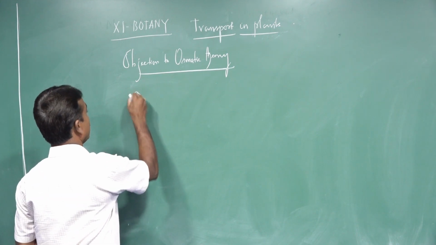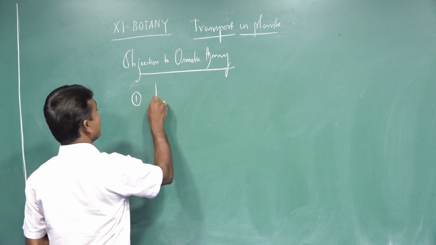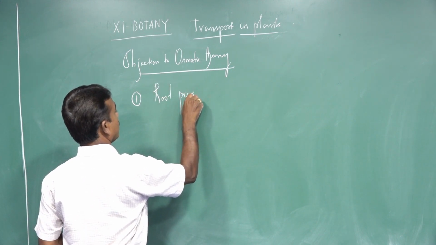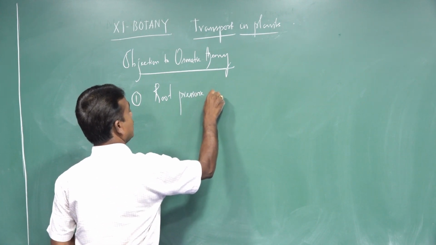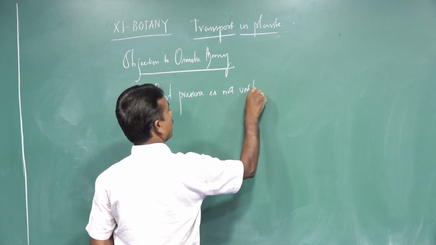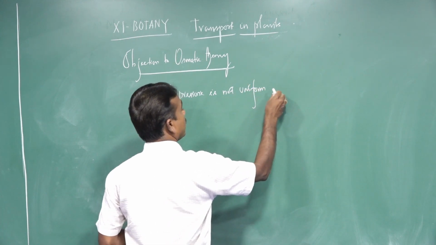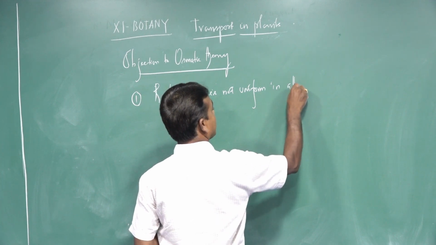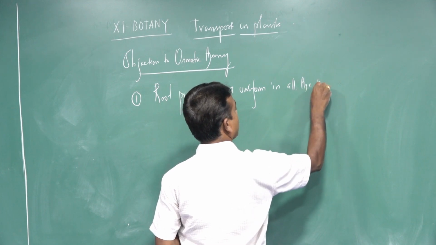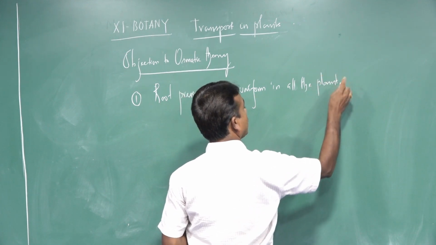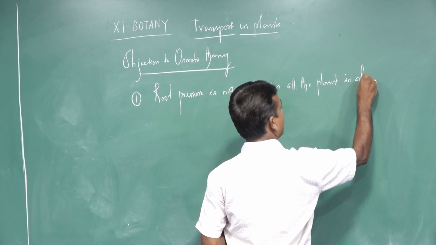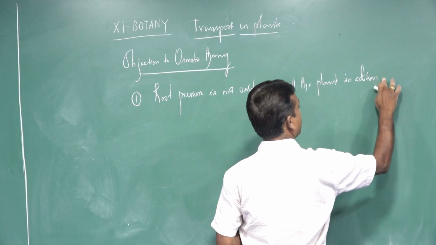First one: root pressure is not uniform in all plants, especially trees.